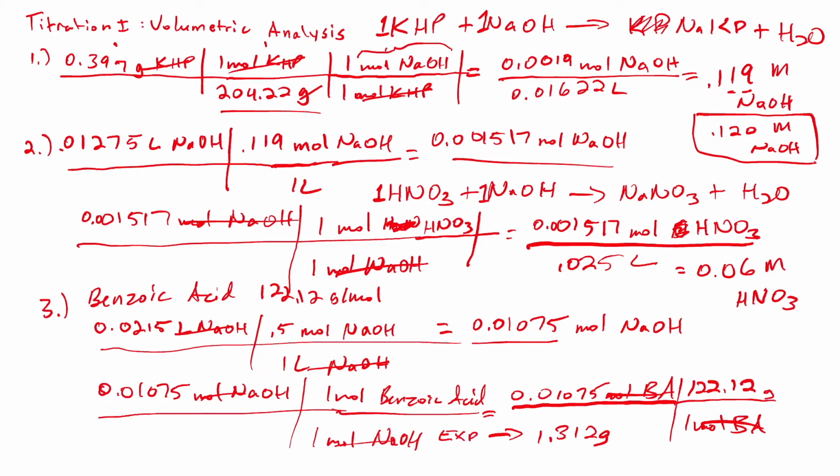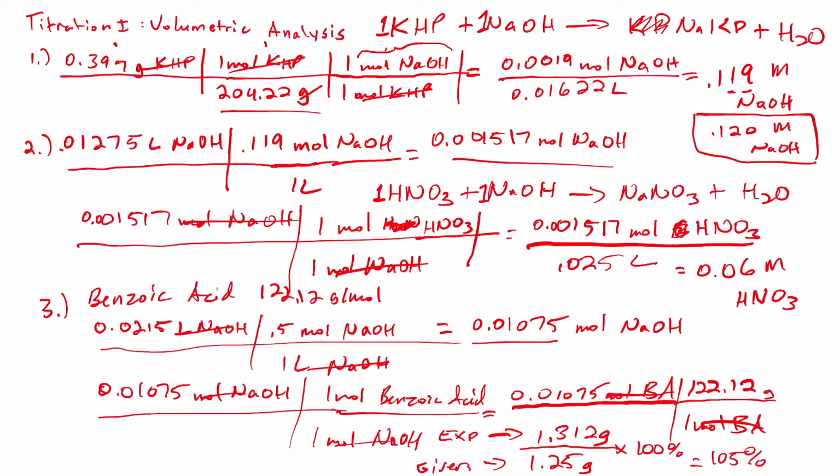But the label tells you that it's supposed to be 1.25 grams. So all you need to do now to figure out purity is to divide these two numbers like that. I forgot to say this is given on the label. Divide those two numbers and multiply it by 100 to get a percentage, and I got 105%.